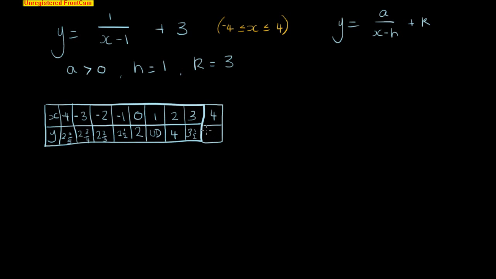So now we will draw our axes. The x values, as usual, are going to go from negative 4 to 4.